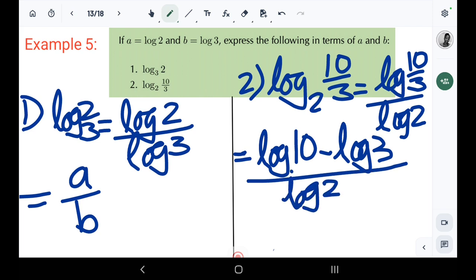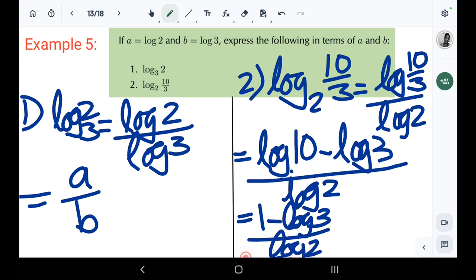The log of 10, the base is also 10, so that gives us 1. That is equal to 1 minus the log of 3 over the log of 2. But we know that the log of 3 is equal to b and the log of 2 is equal to a. So we just substitute that. So that is 1 minus b over a. And that's your answer there.